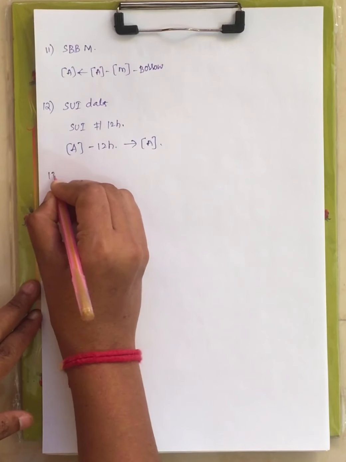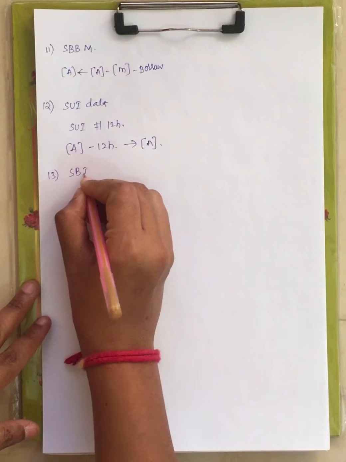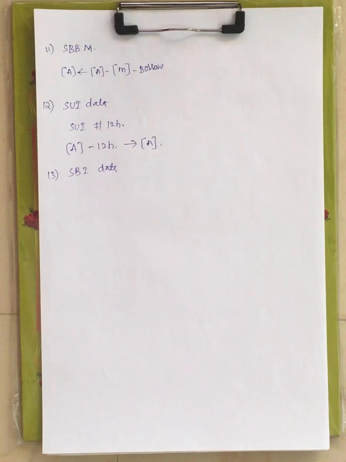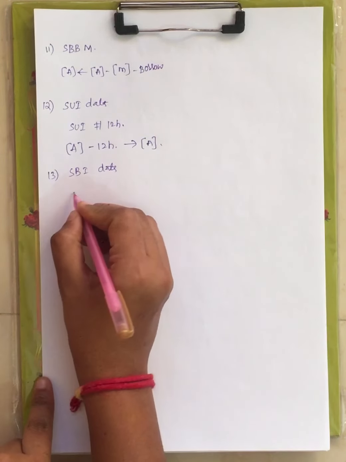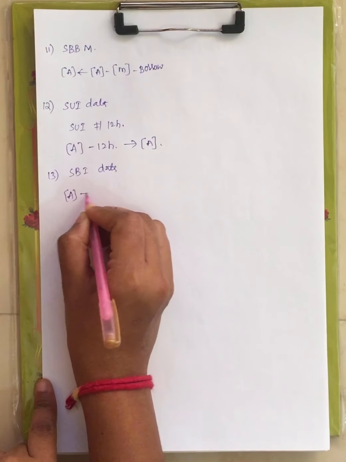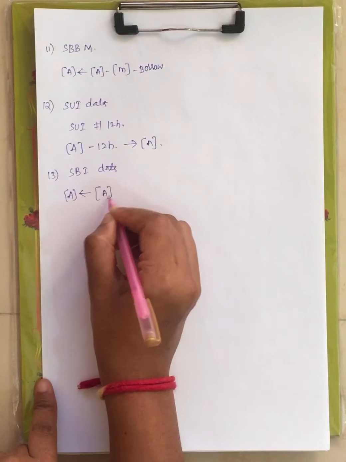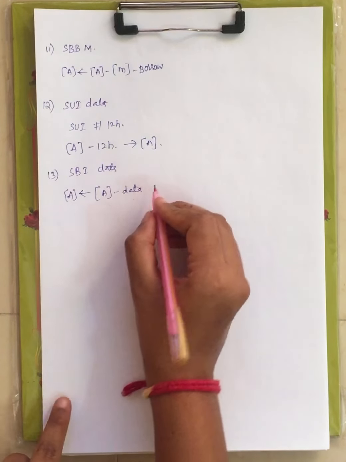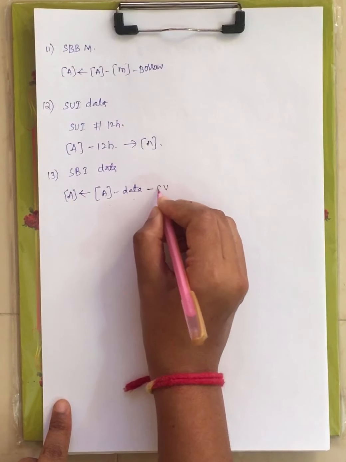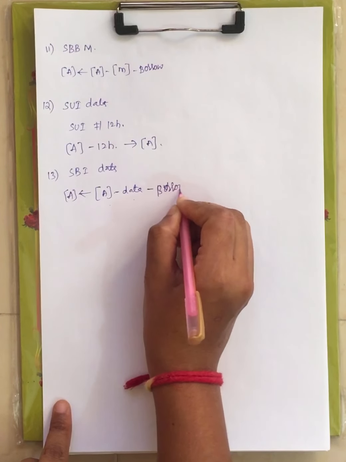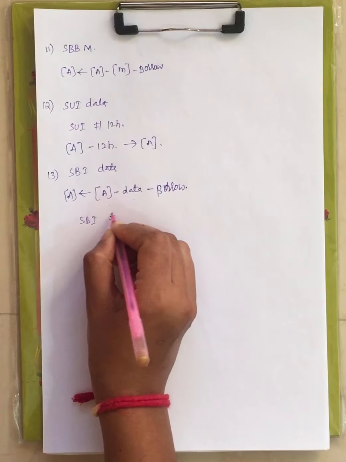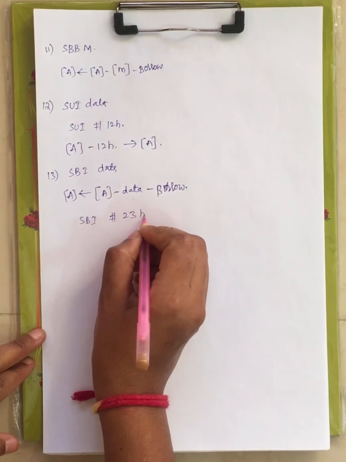Now coming to the 13th instruction, SBI data, subtract immediate data along with borrow, right? That means whatever data is specified within the instruction is subtracted from the contents of the accumulator along with borrow. Now I can give an example like SBI 23H, right?